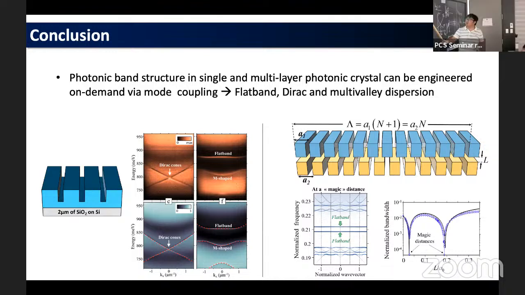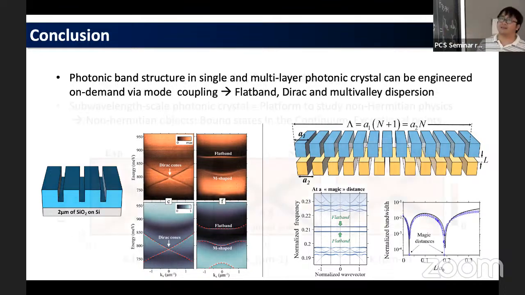And by putting together two layers, one on top of the other, we can also mimic the physics of twisted graphene. In this case, we have almost perfect flatband across the whole Brillouin zone at a specific parameter set. Here I show you the magic distance, but we also have magic filling fraction, magic, I don't know. So for us this will be some kind of accidental configuration that makes the flatband.